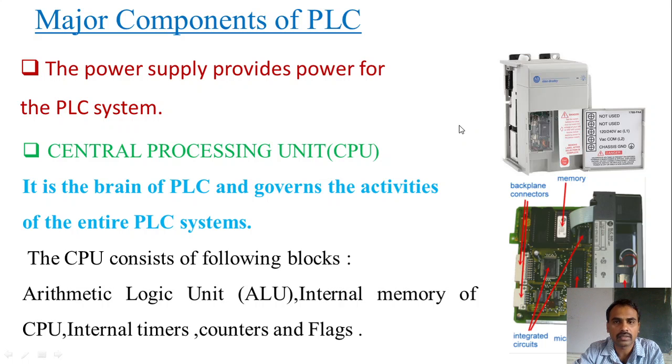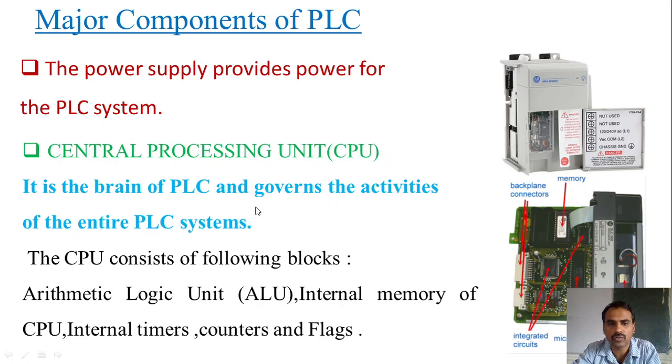It will also indicate if any voltages are too high or too low. You can see the limit here: 120 or 240 VAC is the normal operating range of PLCs. And the next important part is the central processing unit, which can be said to be the brain of a PLC.